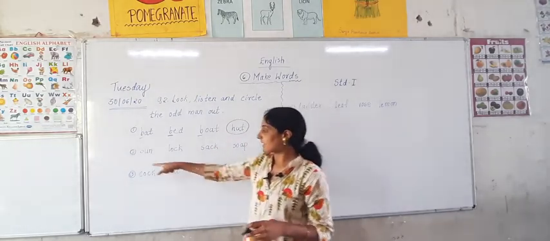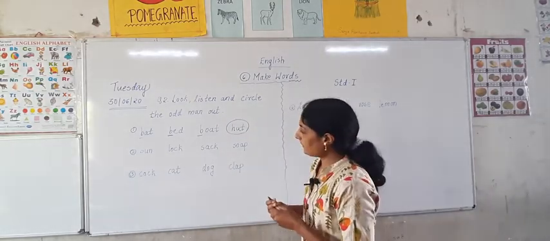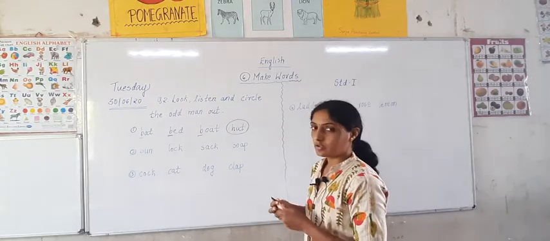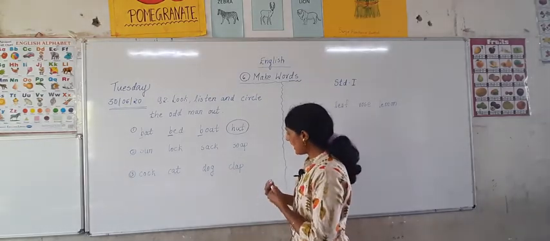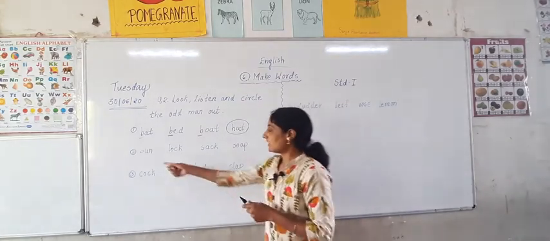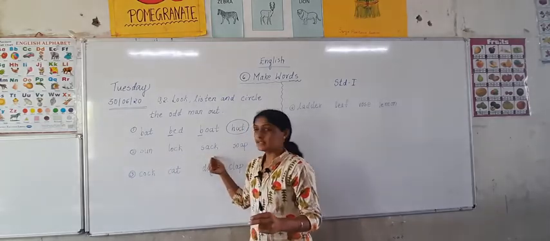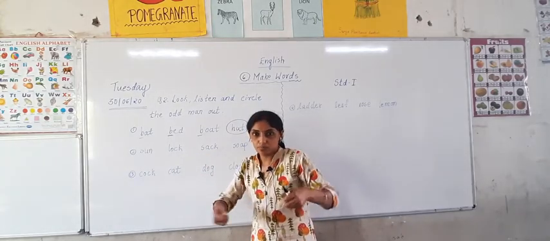Now the second example given here is SUN sun, LOCK lock, SACK sack, SOAP soap. Sun rises in the morning, correct? SACK sack means a sack, correct?